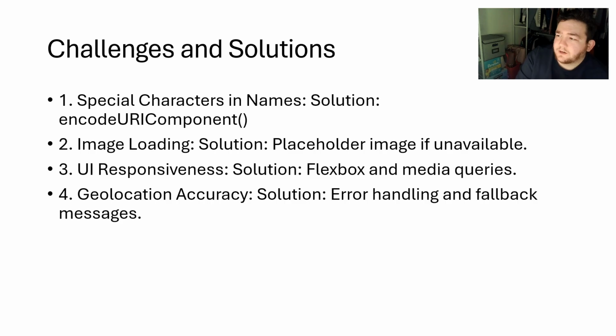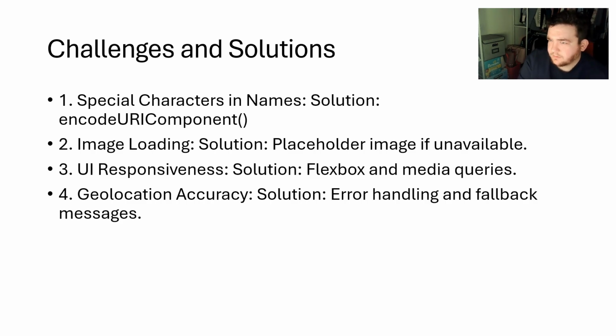Some of the challenges I ran into was sending over locations or restaurants with special characters like apostrophes. I used encode and decode to bypass that, but it was causing some issues with fetching the data and loading the images, and it was an annoyance.